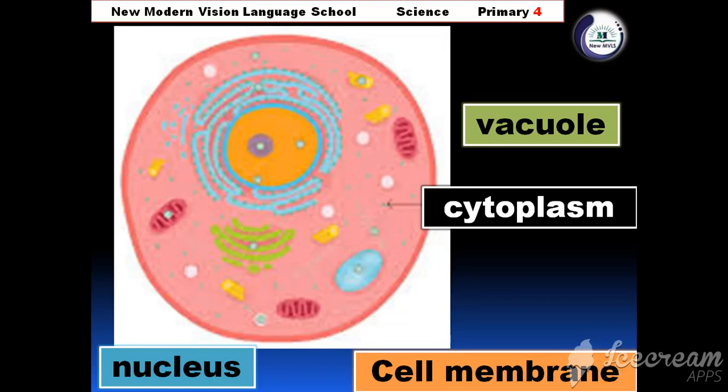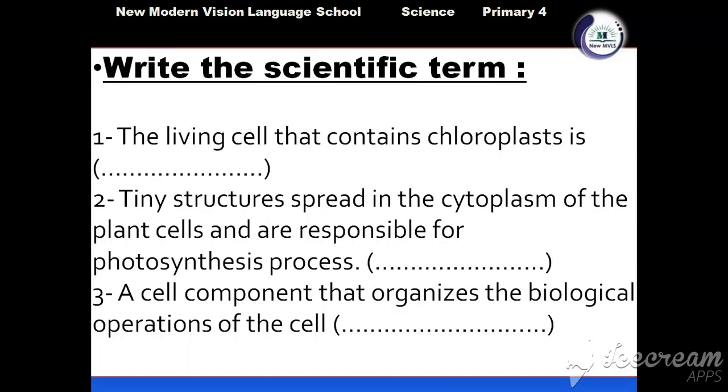Finally, let's answer some questions. Write the scientific term. The living cell that contains chloroplasts is the plant cell. Number 2. Tiny structures spread in the cytoplasm of the plant cells and are responsible for the photosynthesis process, which will be what?